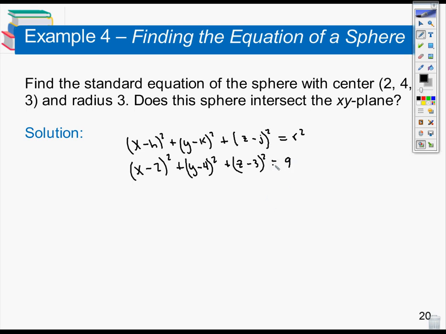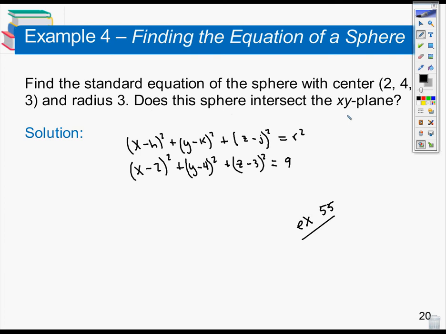Right? So I know that this has a particular center point, 2, 4, 3, and a radius of 3. Okay? Again, let's try something easy like example 55. And when you're all set with that, we can look at this next part of this question.